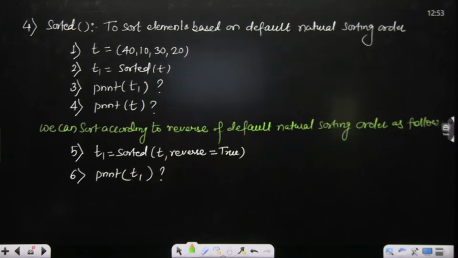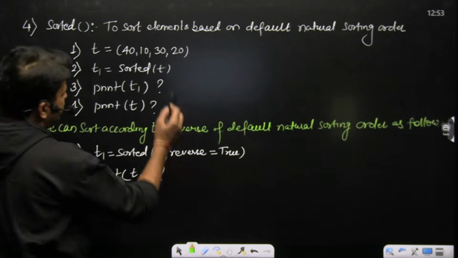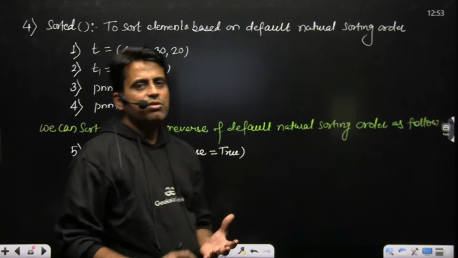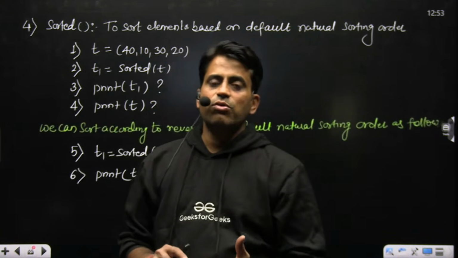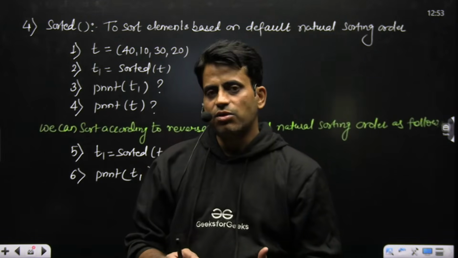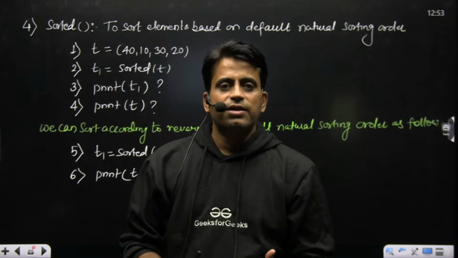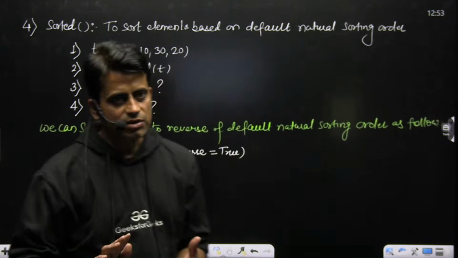Now sorted. Sir, in the list we have already discussed only the sort method, whereas in tuple, for sorting we will use sorted, not sort, student. It sorts elements based on the default natural sorting order. Sir, what is the meaning of default natural sorting order? It means if it is numbers, then ascending order. If it is strings, then dictionary order or lexicographical order, student.